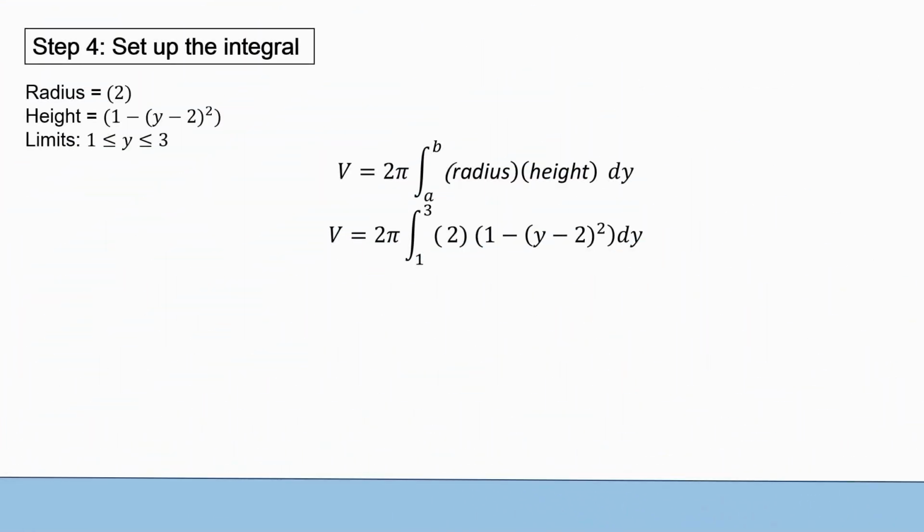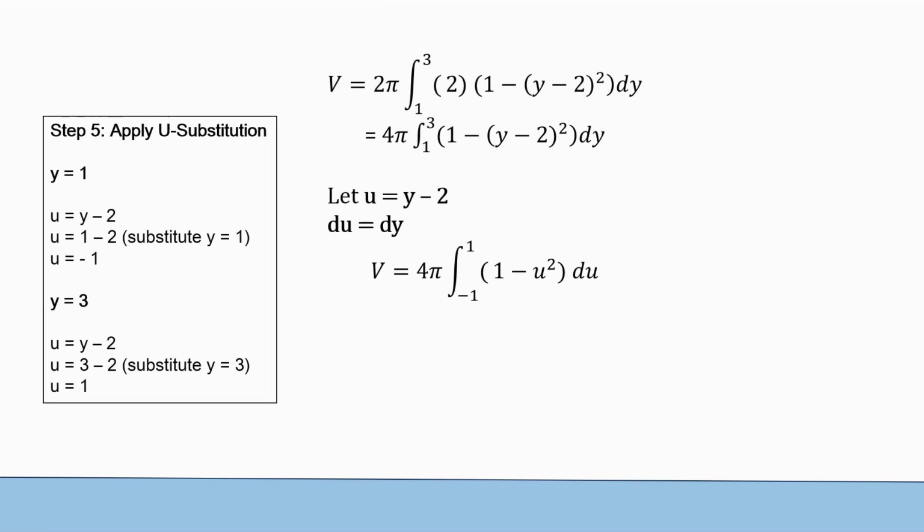We substitute everything into the cylindrical shell formula, which gives us 2 pi times the integral from 1 to 3 of 2 times 1 minus y minus 2 squared with respect to y. Simplifying, it becomes 4 pi times the integral from 1 to 3 of 1 minus the square of y minus 2 with respect to y.